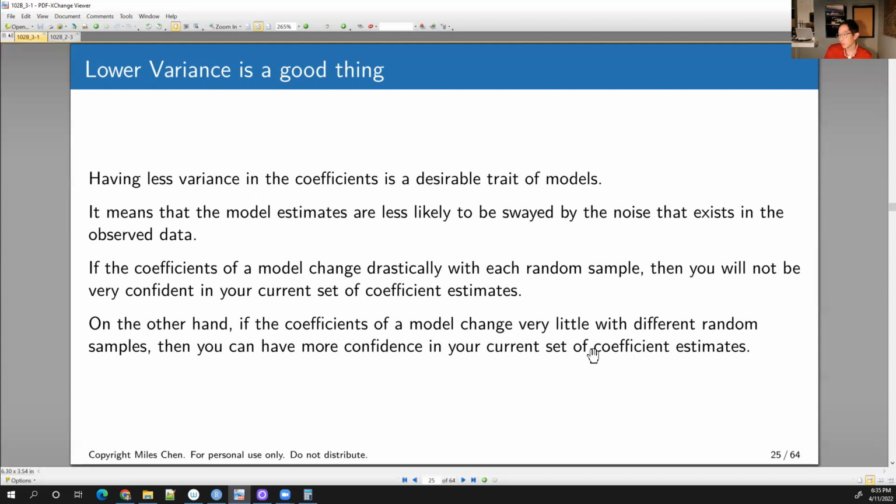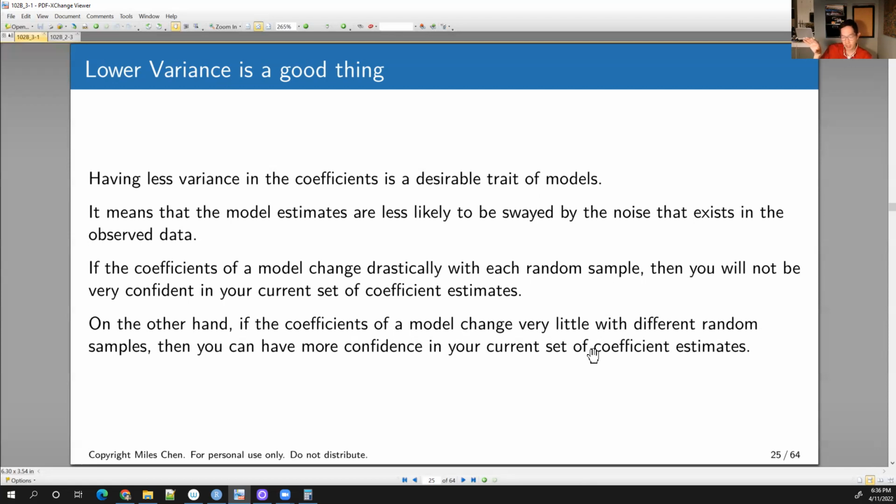What that means is that the model estimates are less likely to be swayed by just the noise that happens in the observed data, meaning you don't have to worry as much that your coefficients are picking up a bunch of noise that exists in this data set.